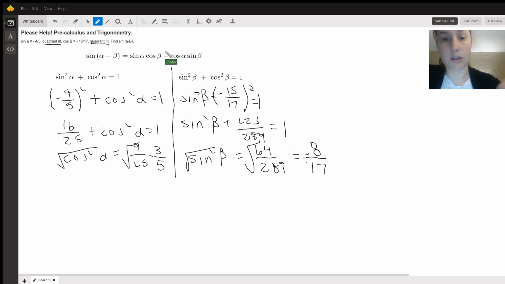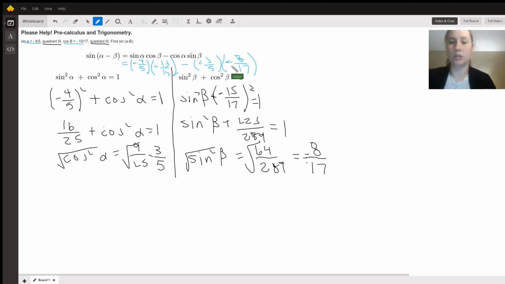Taking that into consideration, we come back up here. I'm going to change the color and substitute it in. So we know sine of alpha is -4/5 from here. We know cosine of beta is -15/17, and we're going to subtract the other one, and that's -3/5 times -8/17, and we simplify.